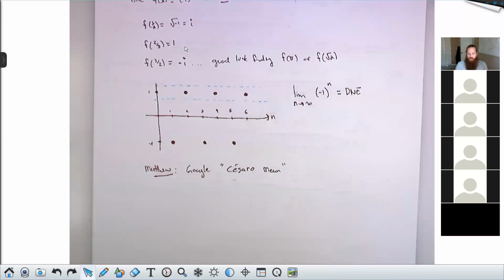Cesaro summation and Cesaro limits are a way of taking sequences that don't converge and averaging them and seeing if that average converges. It's a cool concept, but it's not what we're doing here.